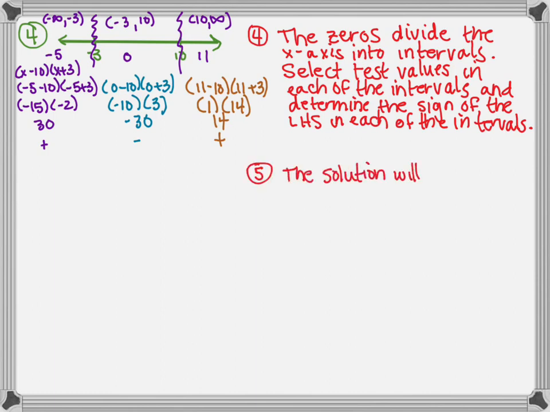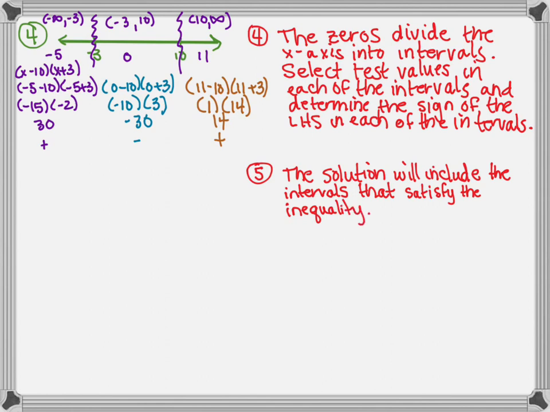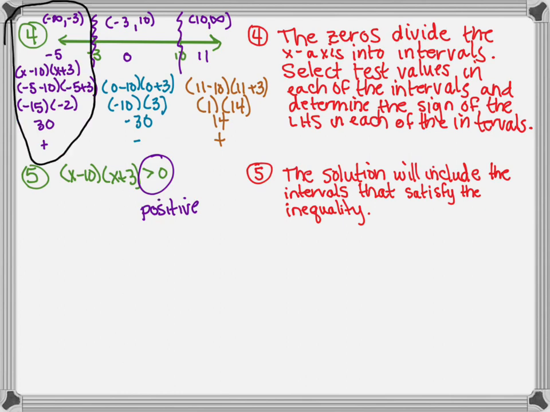Step 5. The solution will include the intervals that satisfy the inequality. So I need to look at my original inequality statement. And I chose the factored form, that's fine. So I have x minus 10 times x plus 3 is greater than 0. So greater than 0 means we want values that are positive. So which intervals do we have positive values? We've got the first interval and the third interval.